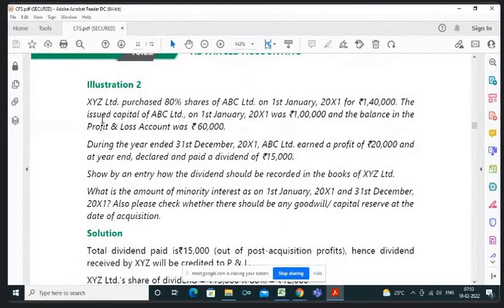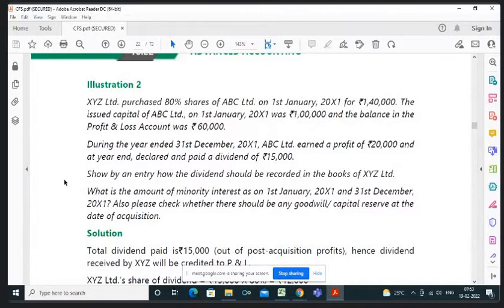In this case, XYZ Limited purchased 80% of shares of ABC Limited on 1st January 2011 for an amount of 1,40,000. The issued capital of ABC Limited on 1st January 2011 was 1 lakh and the balance in the profit and loss was 60,000.